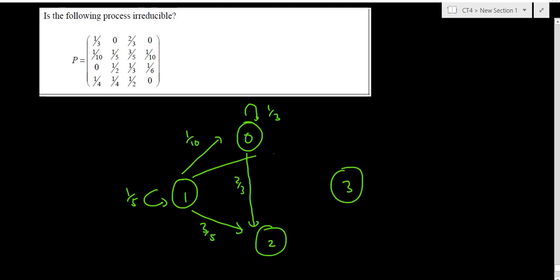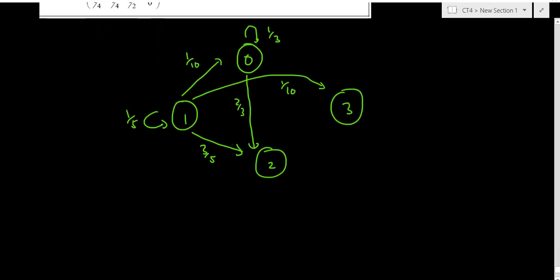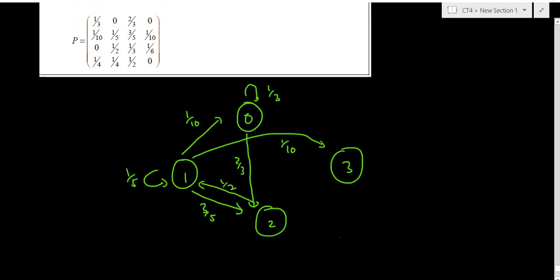And 1 to 3 is 1 by 10. Then for state 2, from 2 to 1 is half, from 2 to 2 itself is 1 by 3, and from 2 to 3 is 1 by 6. So these are the transitions that we have.